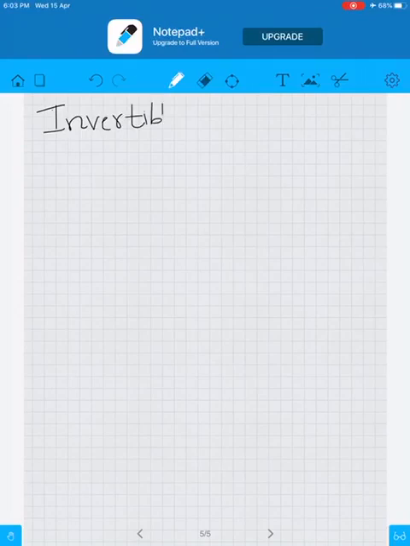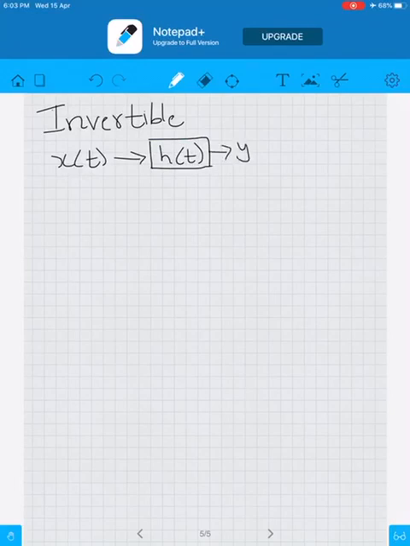To see that, let me consider a continuous time system. Let x of t be an input to an LTI system whose impulse response is given by h of t, and I am getting the output of the LTI system as y of t. Now this y of t is in turn given as an input, because the objective is to recover the input from the output, that is, to recover x of t from y of t.